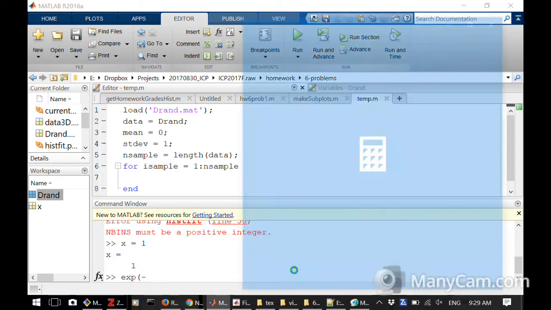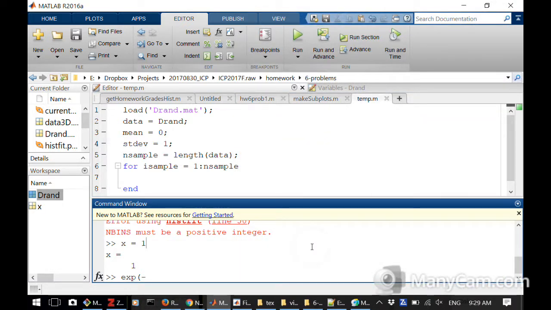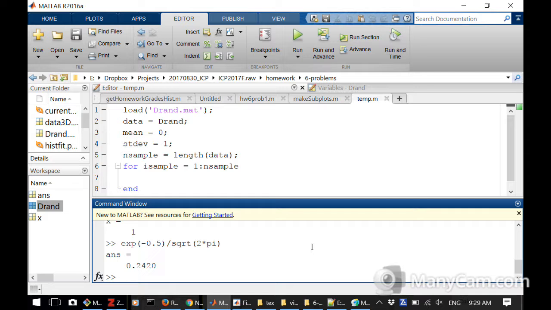So I get negative half, divided by the square root of, what is it? 2 times pi. Okay, so this is the number that we get. So the probability of getting a value of 1 for x, given that the mean is 0 and the standard deviation is 1, is this number.